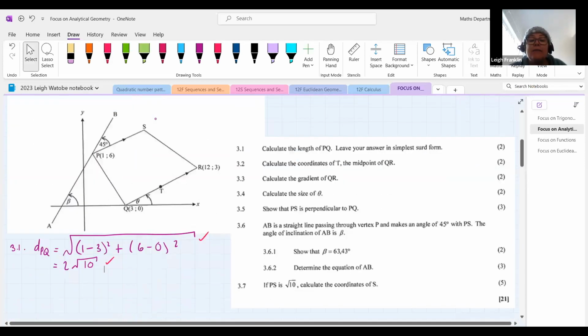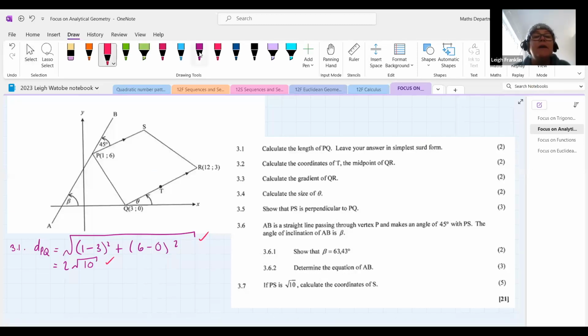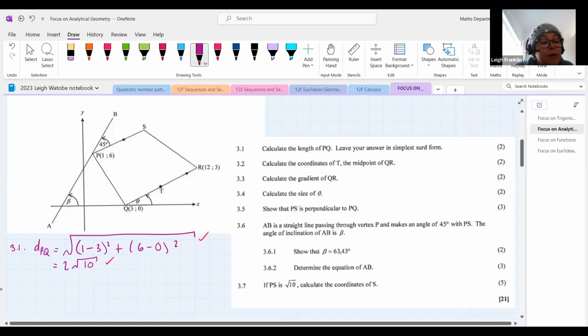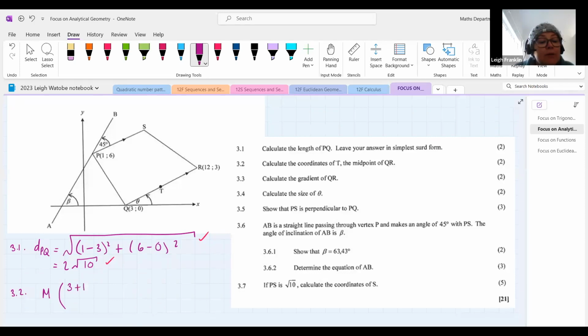Okay, next thing they want us to do is calculate the coordinates of T, the midpoint of QR. So that's also an easy level 2 question, subbing into the midpoint formula. So for QR, that would be (3 plus 12) over 2 for the x coordinate of T, and (0 plus 3) over 2 for the y coordinate.